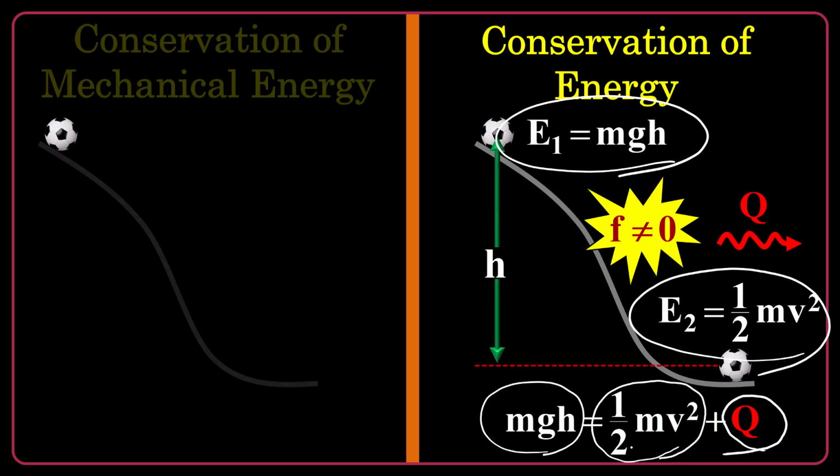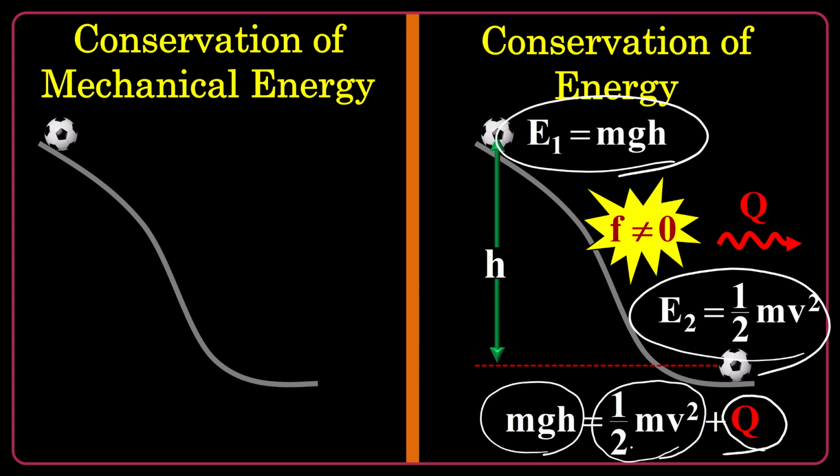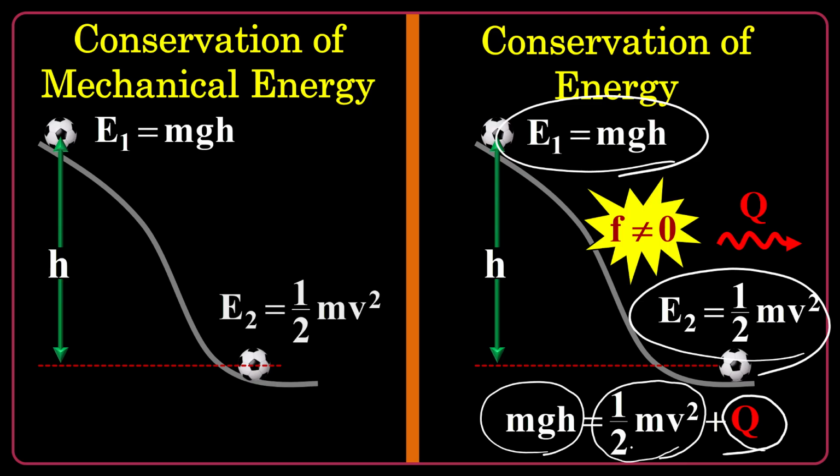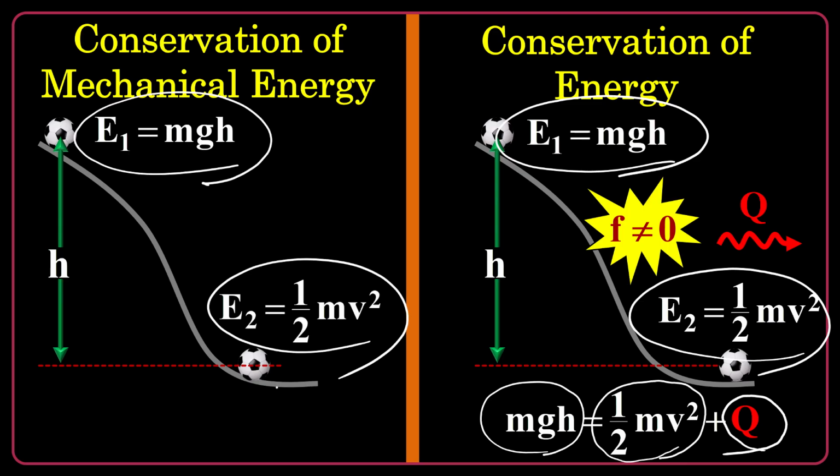A very simplified case, idealized case, is the one in which mechanical energy is conserved. If we have the same process, ignoring any frictional forces, the total mechanical energy at the beginning and at the end are equal because there is no friction, so there is nothing to remove part of the mechanical energy in the form of internal energy.